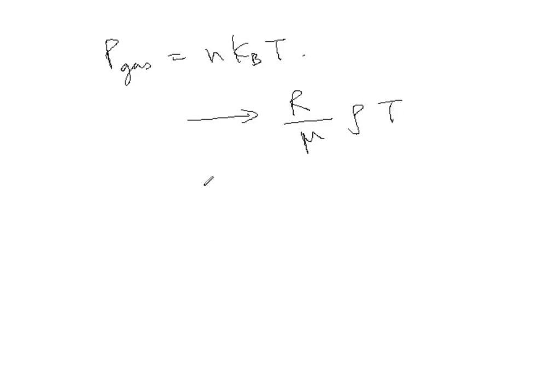Okay, now we have also talked about this concept, where this mu depends on the composition of the gas and also the state of ionization, mu being given by this relation.